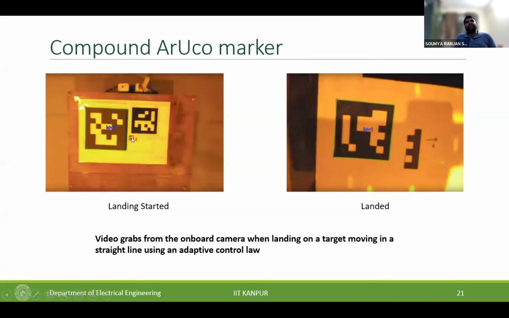If you see, the smaller one is not clearly visible, but on the right hand side image, after it has landed, the smaller one is clearly visible. This black line is for the bigger ArUco marker, and this black line on the top is for the smaller ArUco marker. The bigger ones are not visible at all, but the smallest ArUco marker is visible even after landing. So this is how it has been placed.